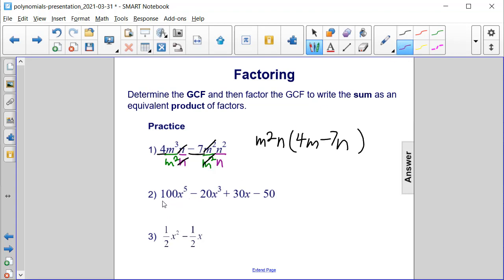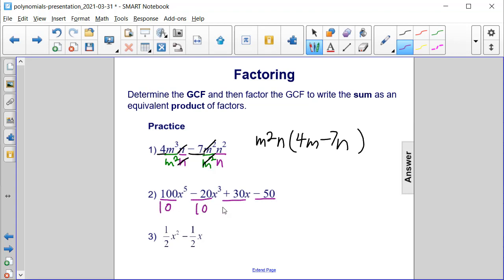In the next problem, we have 100x to the 5th minus 20x to the 3rd plus 30x plus 50. Let's first look at our coefficients. 100, -20, +30, and +50. What's a common number that divides all of them? Well, the answer here is 10.